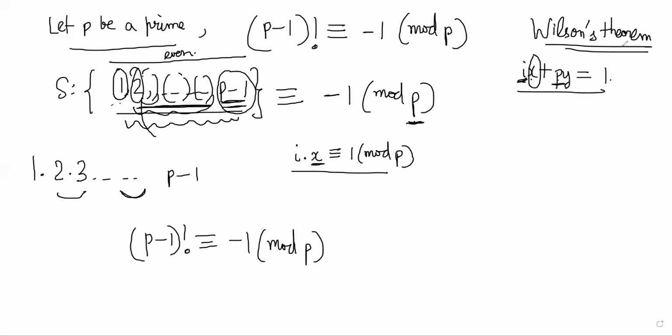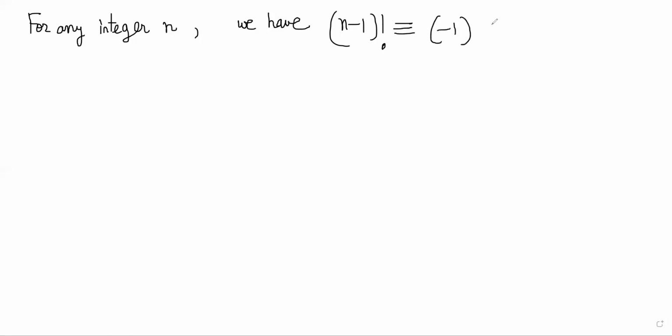Now, another way to check for a prime number is this: for any integer n, n minus 1 factorial is congruent to minus 1 mod n if and only if n is a prime.